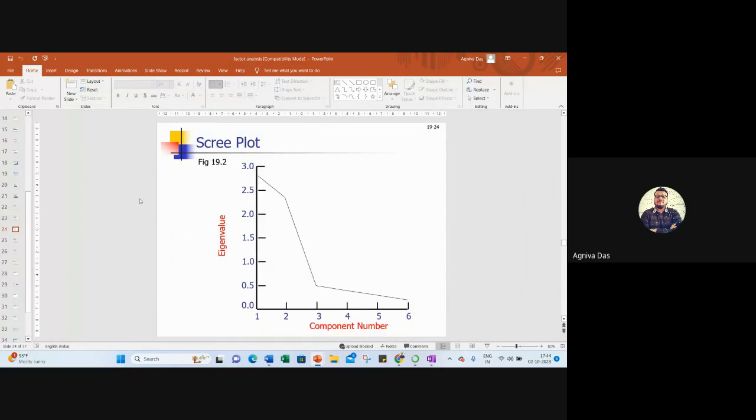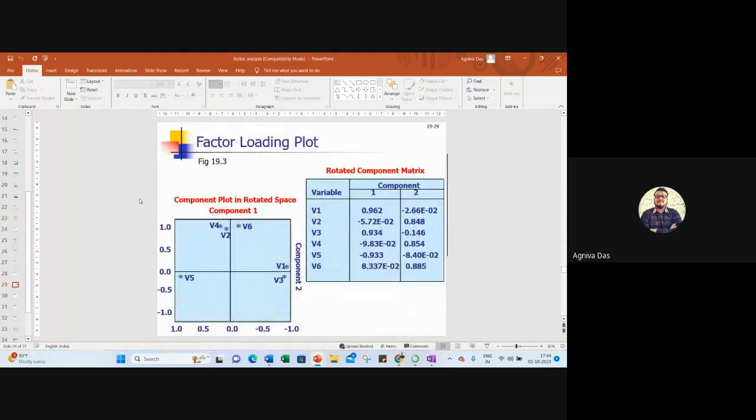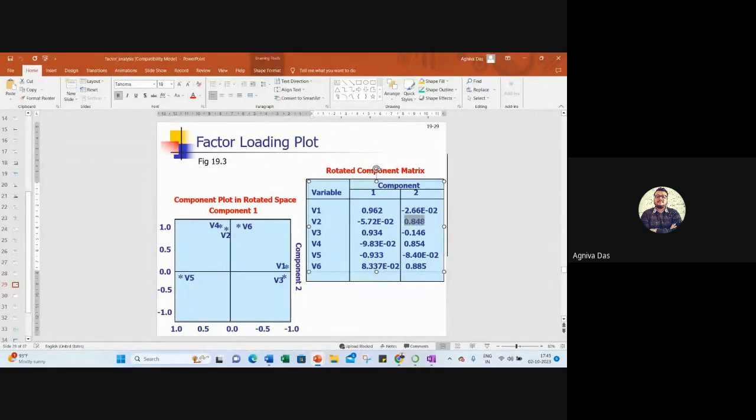Okay. So now this is the rotated component matrix. As I said, after rotation, as you can see, the second component's load was even lighter. And here again, the second variable's component is also very small in the first component, which means that more variability of variable 2 is common with component 2.